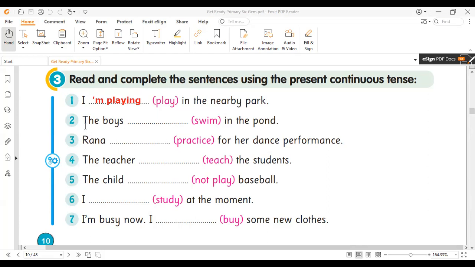The boys, we put swim. Bravo. Are swimming. Yeah, bravo. Are swimming. Sarah, Rana, number 3. Rana is practicing. Yeah, Rana is practicing.